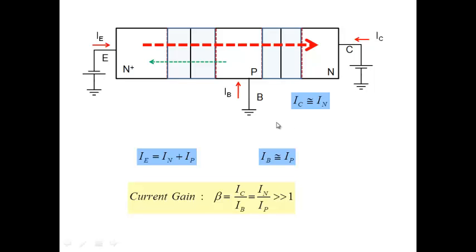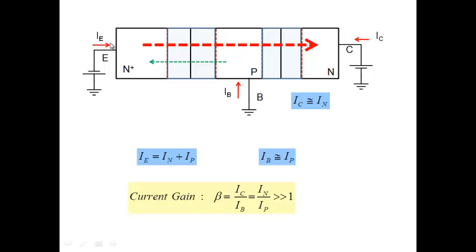So what I'm getting is a current gain in my transistor. The ratio of collector current to base current is a quantity which can be much larger than 1. What would be the ratio of collector current and emitter current? Look at the picture.